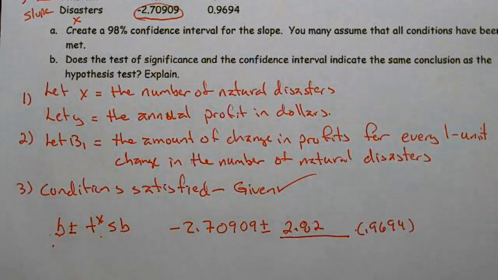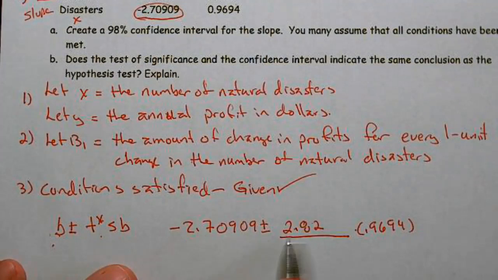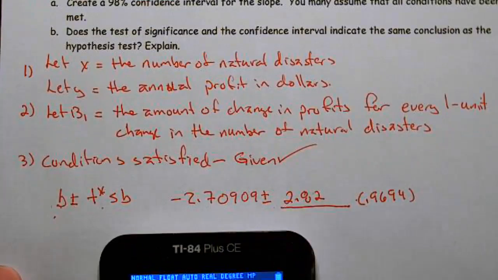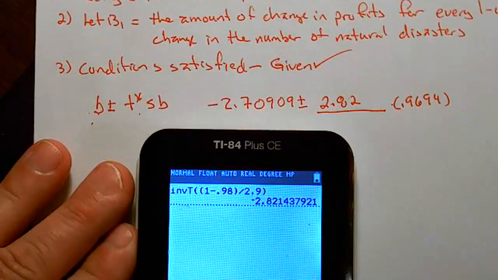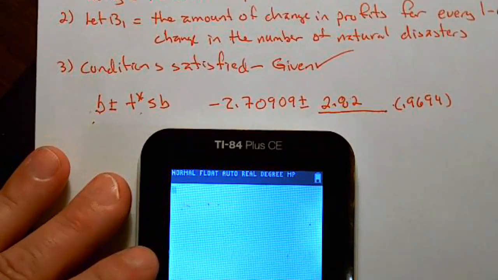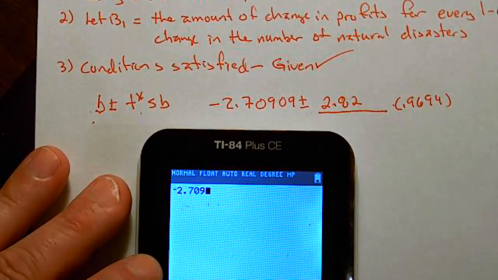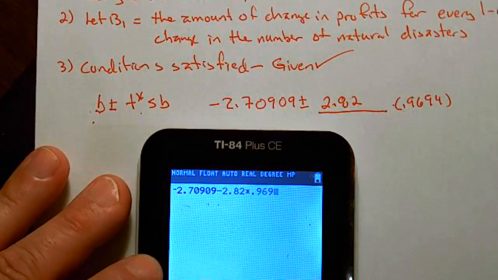All right, so there's not an easy way through the calculator to do this, so I'm going to have to calculate this by hand. I'm going to do the negative first. So I start off with negative 2.70909 minus 2.82 times 0.9694.